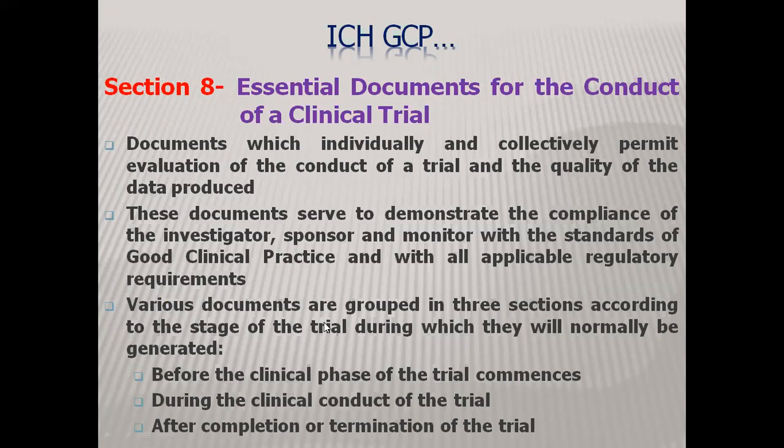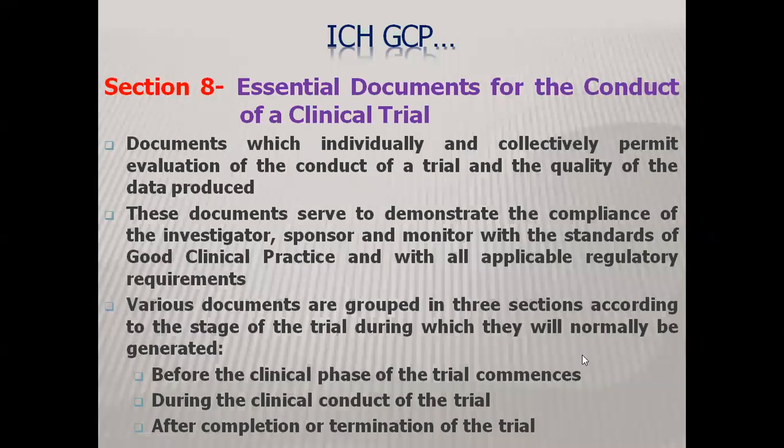So various documents are grouped in three sections according to the stage of the clinical trial during which they will normally be generated. First, before the clinical phase of the trial commences. There is a set of documentation which you need to have with you, which is very essential.